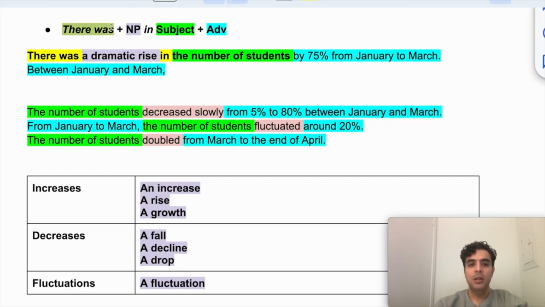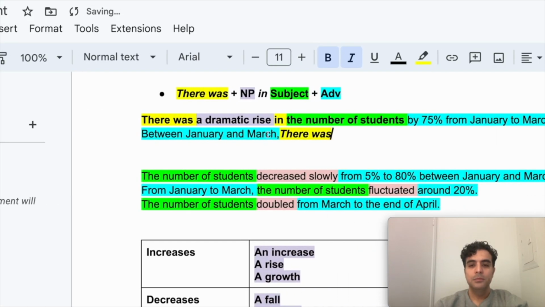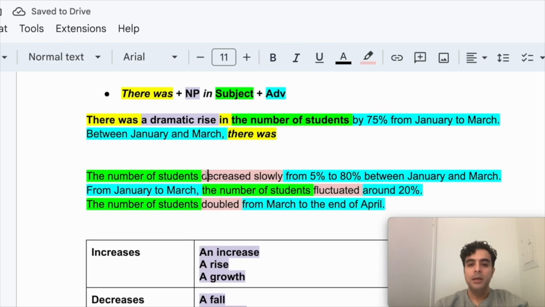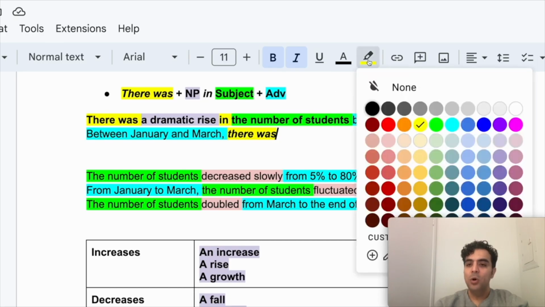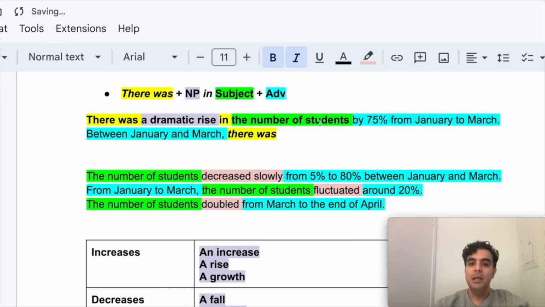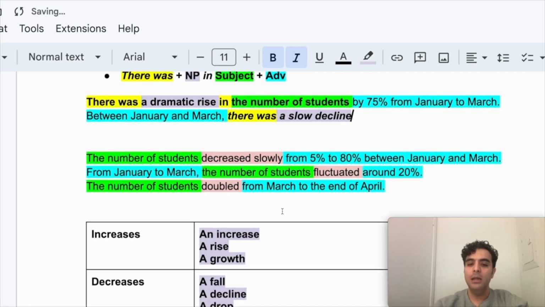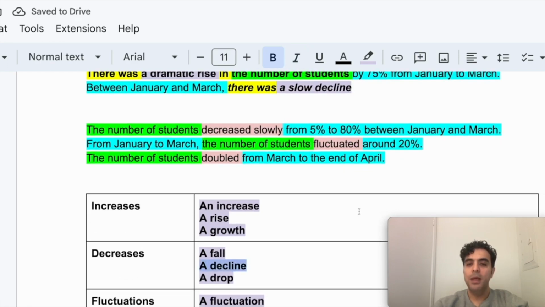Okay, so between January and March, what next? The fixed structure. There was. So I'm just going to copy that here. Now, there was what? Decreased slowly has to change into a noun form. So I'm going to say, the color should be purple, I'm changing it into a noun. So I'm going to say there was a slow decrease, or there was a slow decline. Remember, decline was also a verb that I could use.